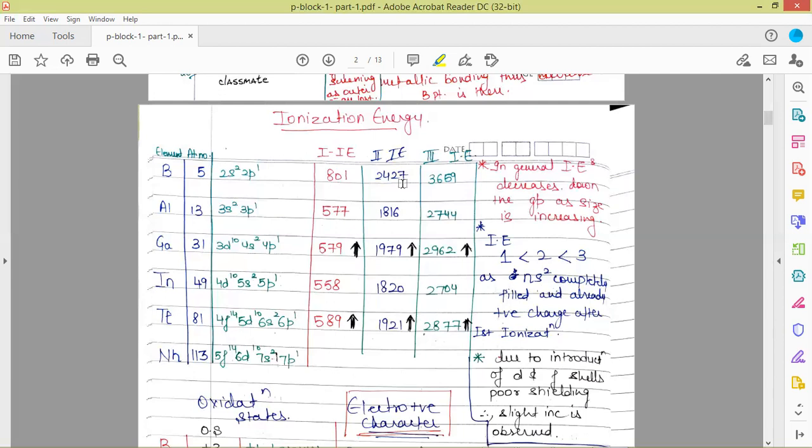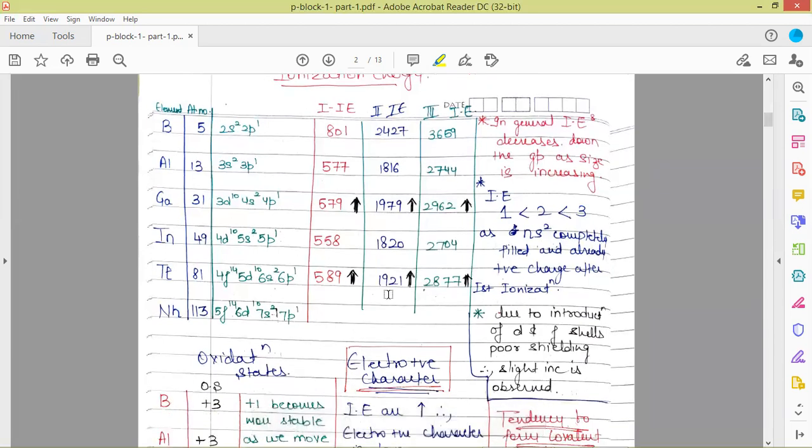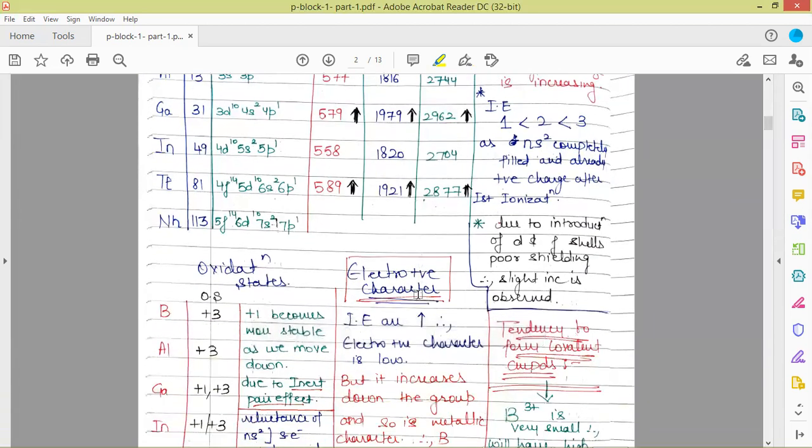The reason here is the same that we discussed: d electrons are present, and due to those d electrons, there is poorer shielding, which increases the nuclear pull and holds the outermost valence electrons tightly in comparison to aluminium, due to the poor screening of d orbitals. And for the case of thallium, it is the poorer screening of the 4f subshell, the electrons present in the 4f subshell, as depicted from the electronic configuration here. So these are the two reasons for these trends in the ionization energies.